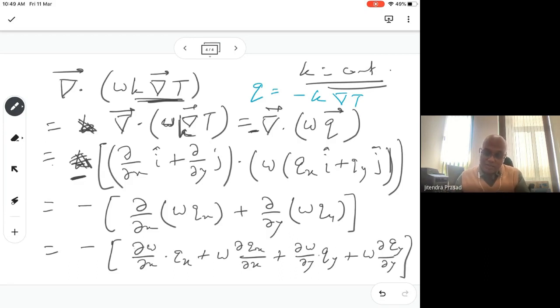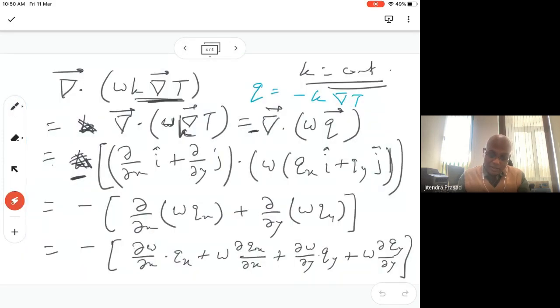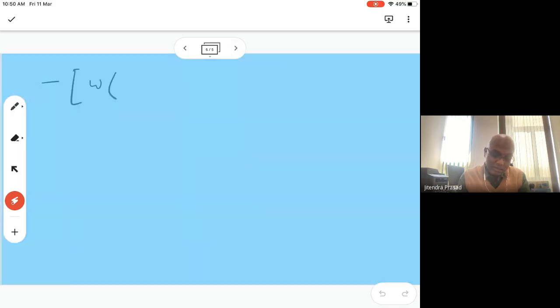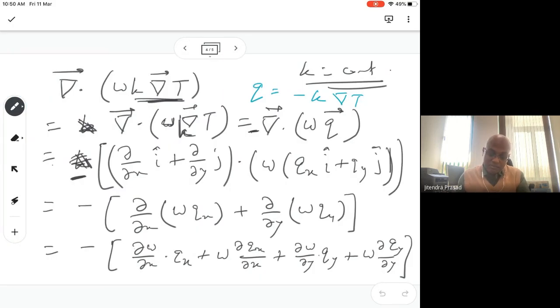Okay, and which is equal to, you see here, this term and this term together. Okay, so we get minus w times del qx over del x plus del qy over del y, plus, we get this one now, right?